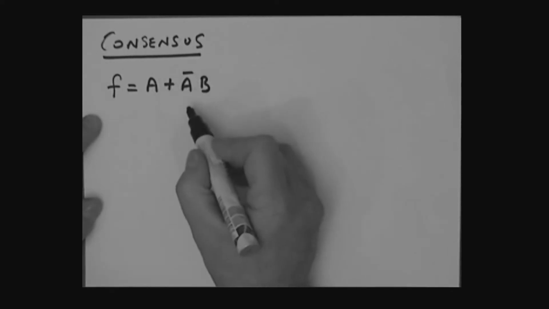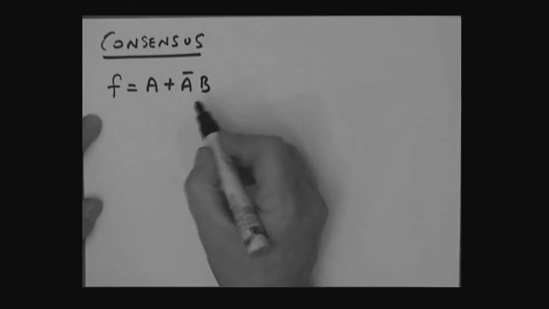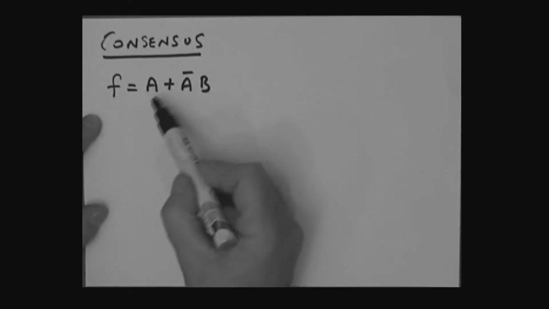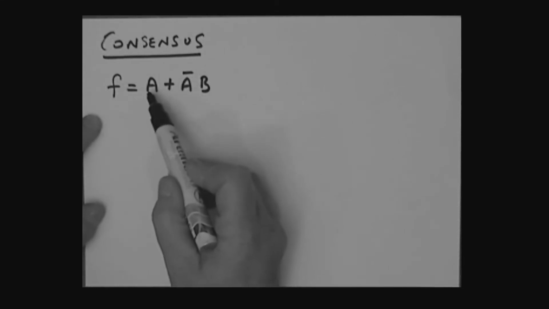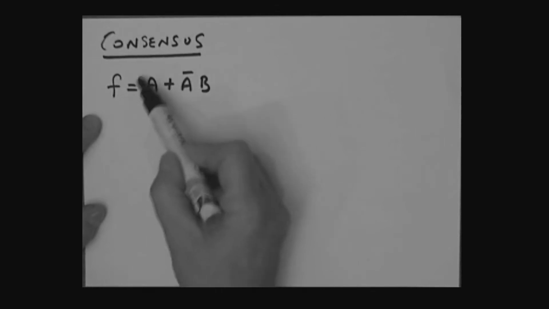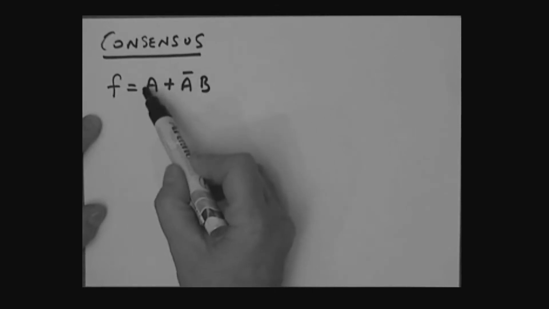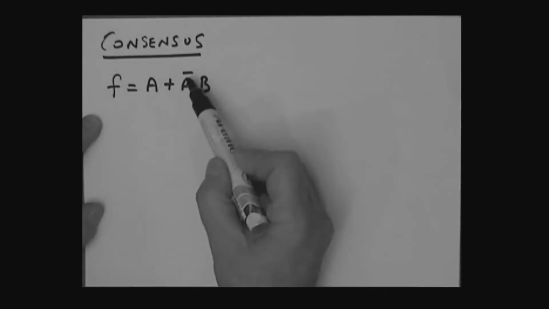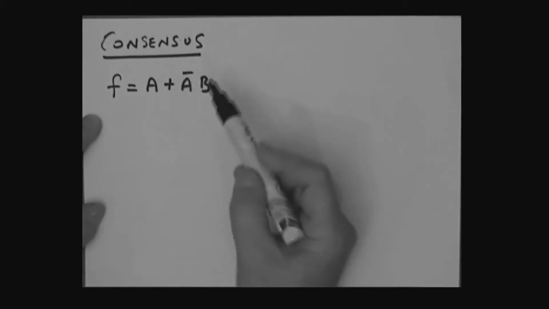I'd like you to go away and prove this using a truth table approach. Basically, the consensus theorem states the following. If I have a variable in one product term, and then that same variable in its complemented form in another product term, then I can form what is called an optional product term.